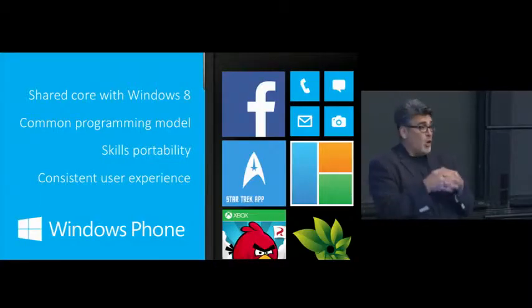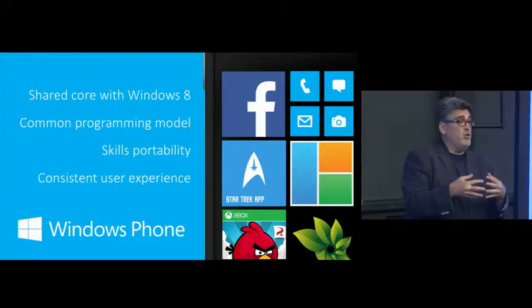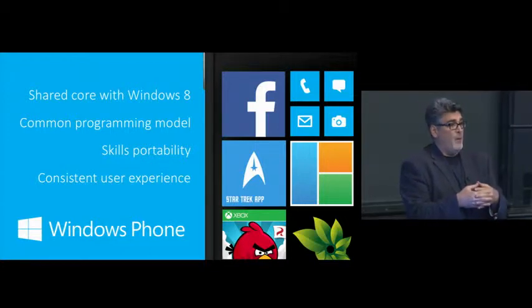A large percentage of the capabilities between Windows 8 and Windows Phone are shared. There's a shared core, which I believe is a good lead into my next slide. Between Windows 8 and Windows Phone, there's a shared core. Probably gets you about 80% commonality.